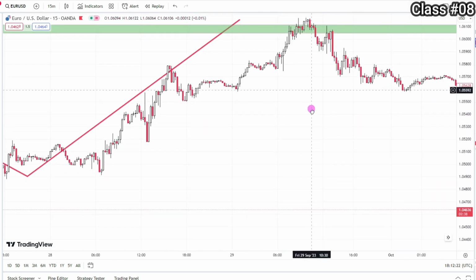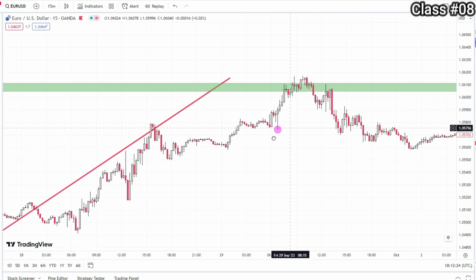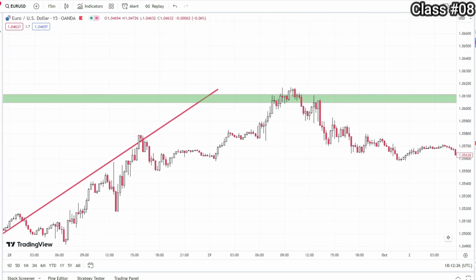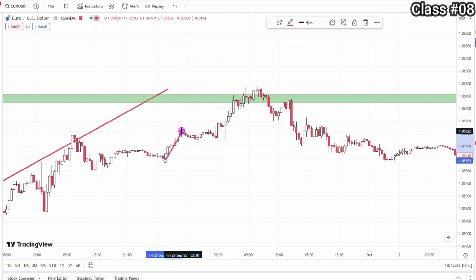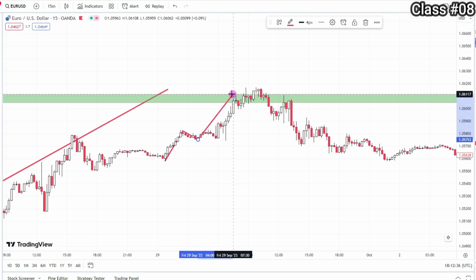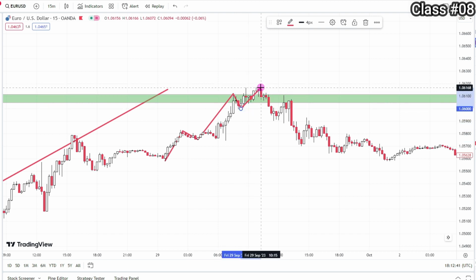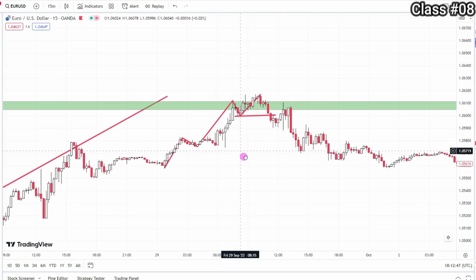When the market reaches our resistance zone, we draw structure on the 15-minute time frame. So this is the higher high point on the 15-minute time frame. This is the higher low point, this is the higher high point, this is the higher low point, and this is the higher high point, okay.